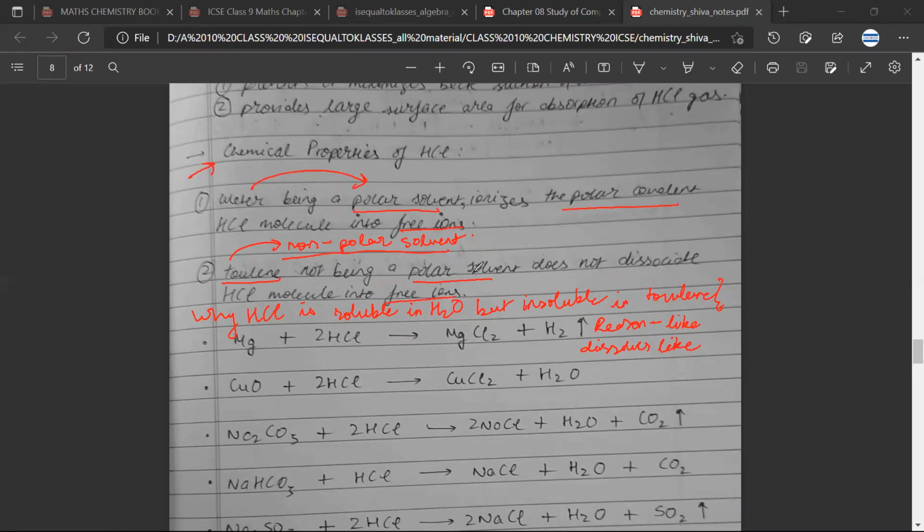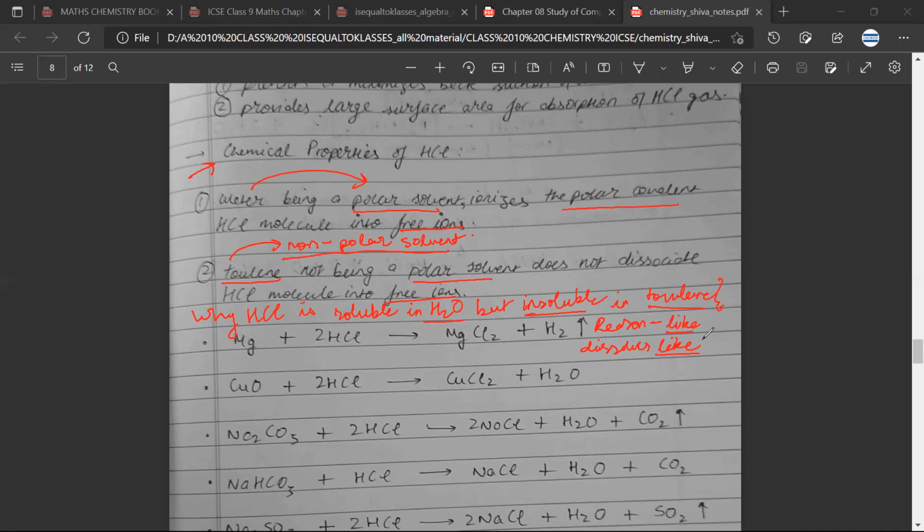Now, there are two types of questions that can be asked in the exam. Why is HCl soluble in H2O but insoluble in toluene? The reason is like dissolves like. Another question that they may ask is, why can't electricity be conducted in the solution of toluene and HCl, whereas electricity can be conducted in aqueous solution of HCl, that is HCl plus water?